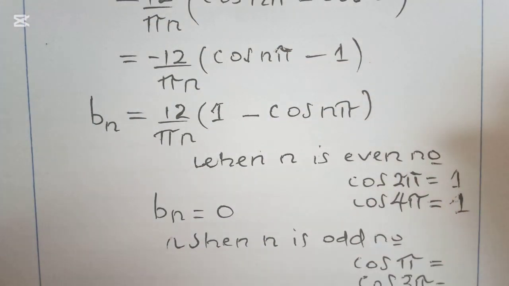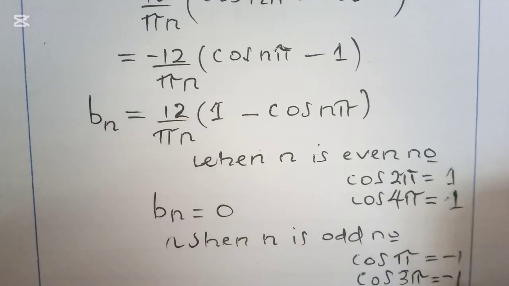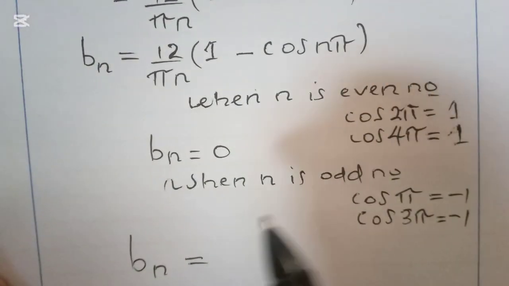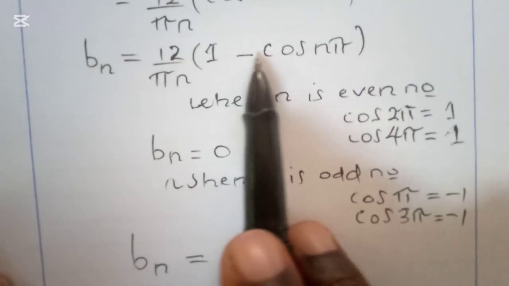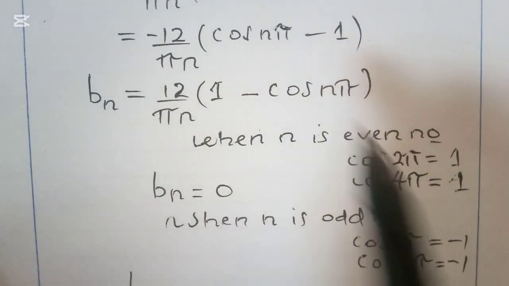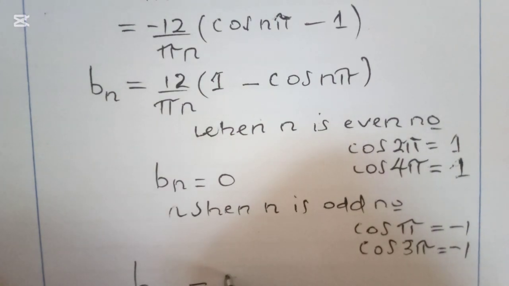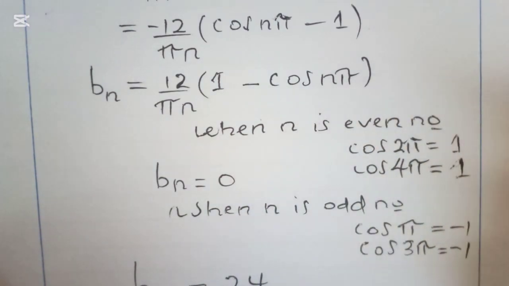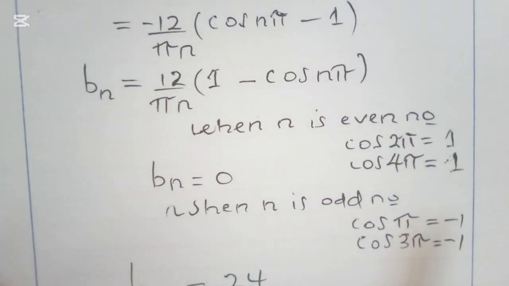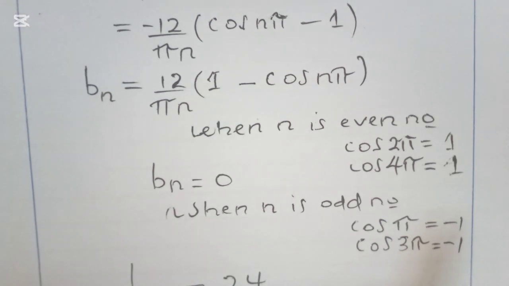So guys, here we have -1, -1. And therefore we are going to have this equation: Bn is equal to 1 minus -1, which will give us 2. So this is now going to be 24 all over pi n. So guys, this is now going to be our Bn.